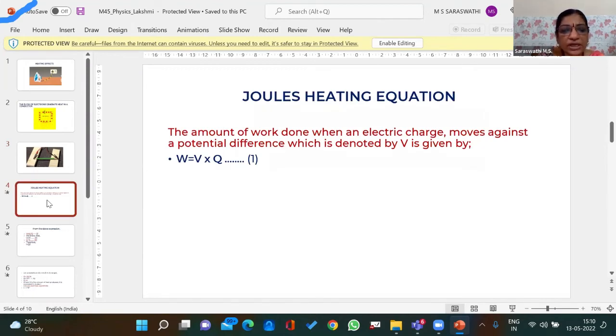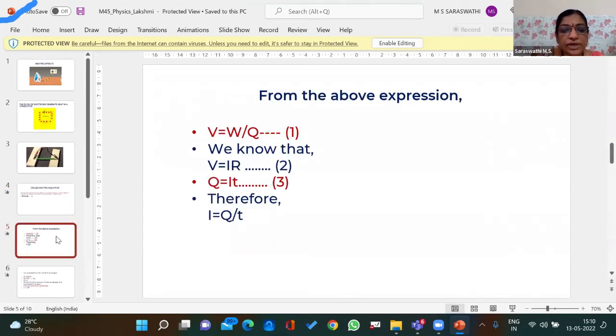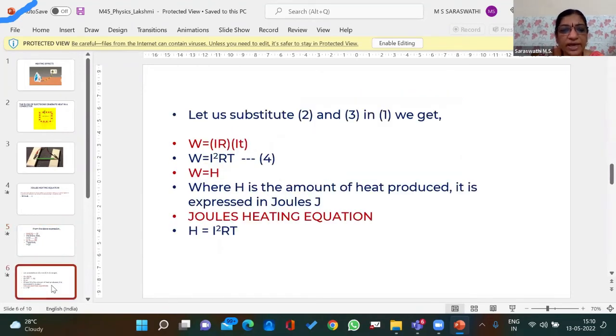So how do you derive an expression for the amount of work done when electric charge moves against a potential difference, which is denoted by V, is given as W is equal to V into Q. Then V is W by Q. We know that V is IR, Q is I into T. So we get I is Q by T. And finally, substituting the values, we get I into R into I into T, which becomes I squared R into T. Here, H is the amount of heat produced and it is expressed in joules.